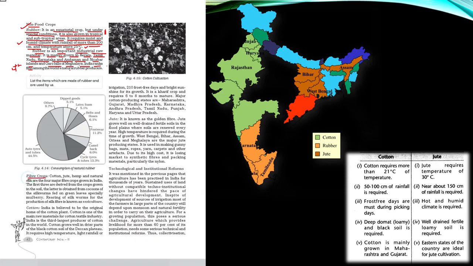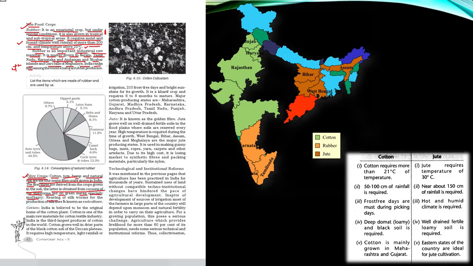That means crops out of which fibers can be produced. So the other fiber crops are cotton, jute, hemp, and natural silk, the 4 major fiber crops grown in India. The first 3 are derived from crops grown in soil, and the latter is obtained from the cocoons of the silkworm fed on green leaves, especially mulberry.